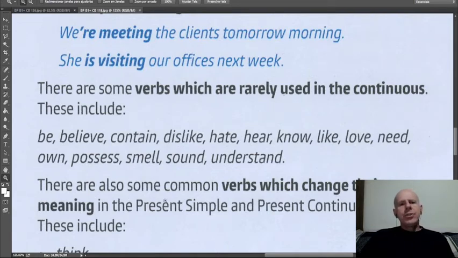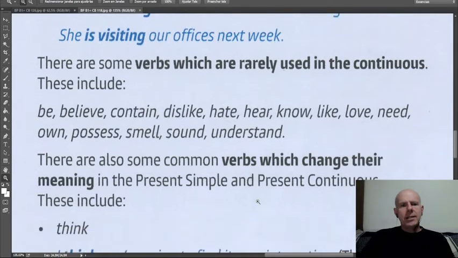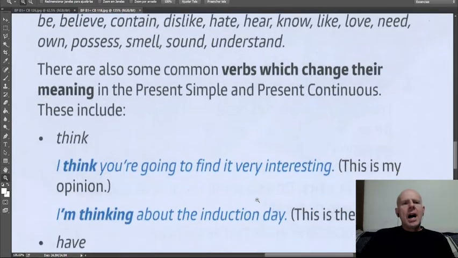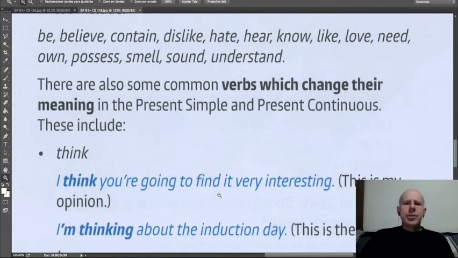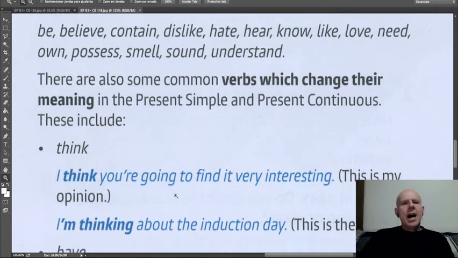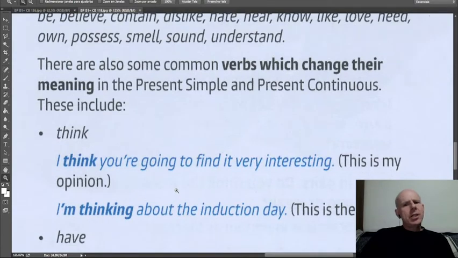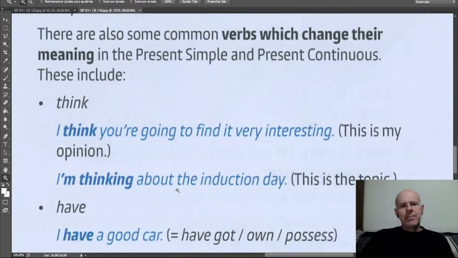There are also some common verbs which change their meaning in the present simple and present continuous, like these. I think you're going to find it very interesting. This is my opinion. I'm thinking about the induction day. This is the topic we're talking about, you see? I have a good car. I have it. I own a car.